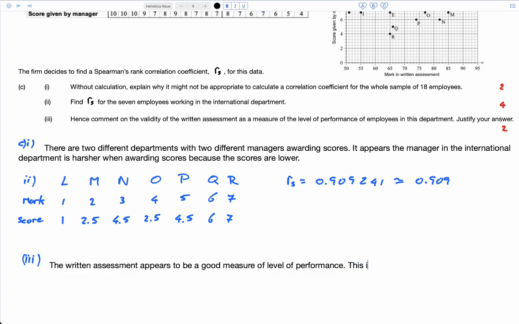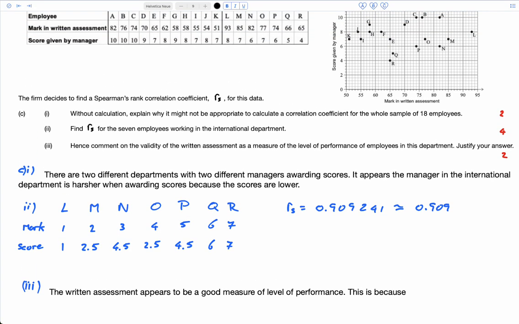This is because you've got to put in the word rank here, because there is strong positive correlation between the rank of the mark and the rank of the score. That's enough. So 2 marks. Yes, it's a good measure of performance. Why? Because there's strong positive correlation, because we got the R equals 0.909. Okay, that is part C.